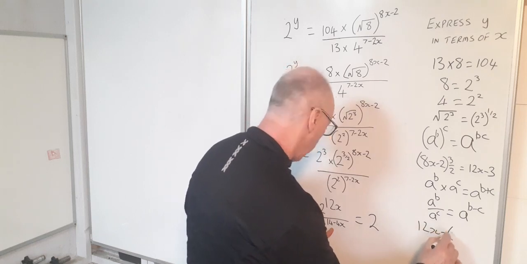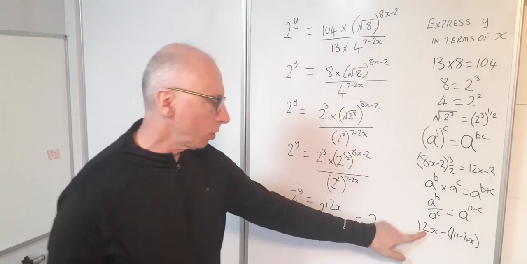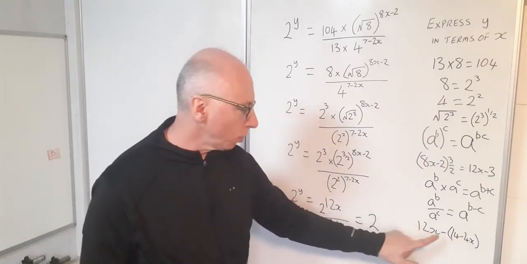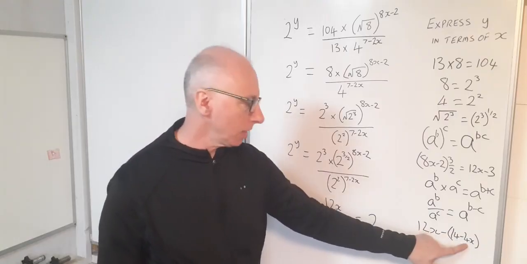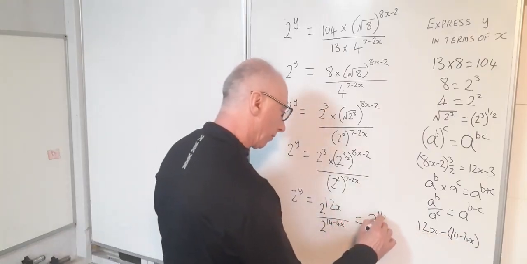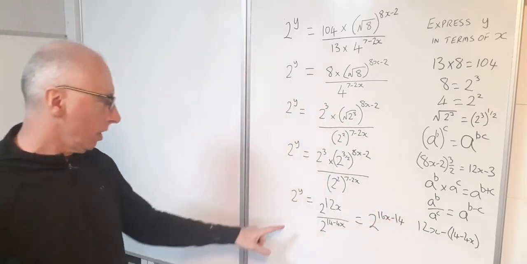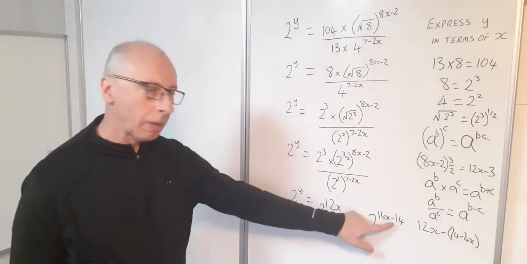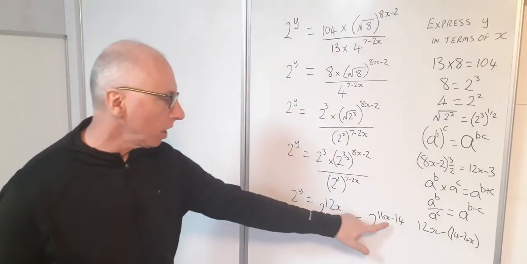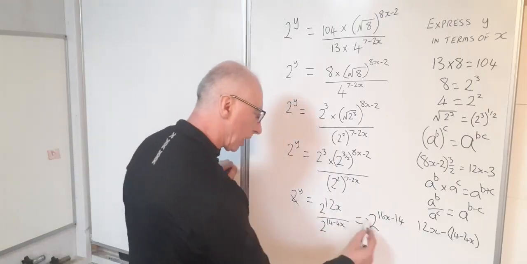So let's just be careful with this. So that gives me 12x minus 14 minus 4x. So 12x plus 4x gives me 16x. So I've got 2 to the 16x minus 14. So now I've got 2 to the y equals 2 to the power of something else. So therefore, for them to be equal, my y must equal 16x minus 14. So they will just cancel.